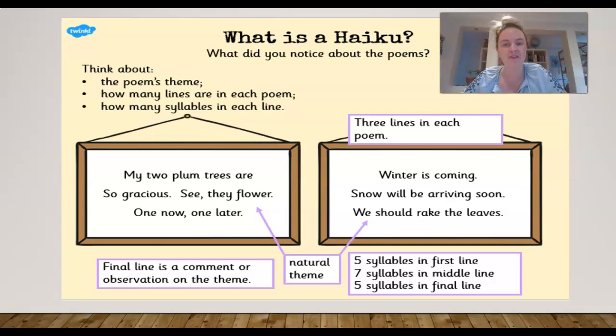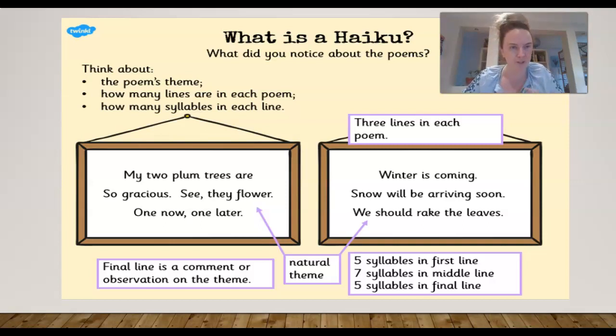What about the amount of lines in a haiku poem? In all of the haiku poems that we have shown you so far, how many lines are there? Can you hold up with your fingers how many lines are there in each haiku poem? 3. Yes. So if you said 3, you are correct. A haiku has 3 lines.